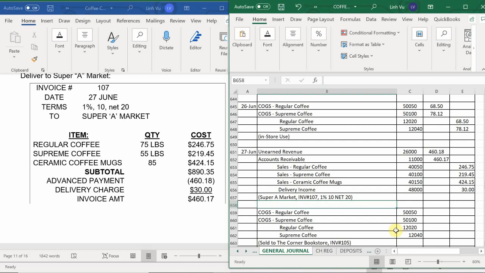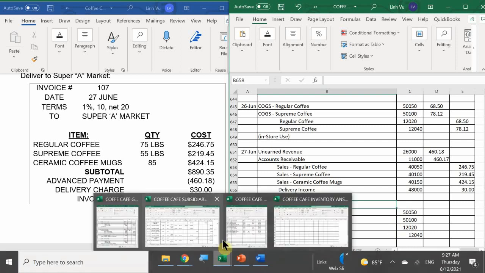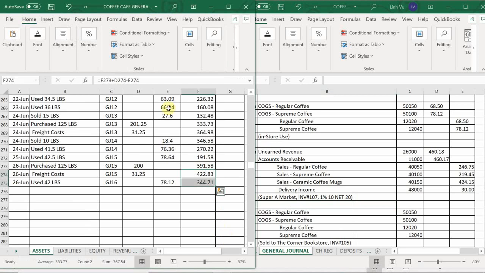Okay, next I'd like to go to the general ledger to post the sale. The first account is unearned revenue.